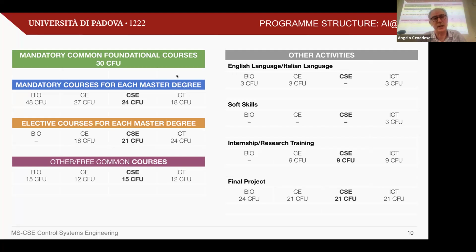So in a sense, the artificial intelligence curriculum has 2 sets of mandatory courses. The mandatory courses for control, where you have a specific class of automation engineers, and then a set of courses for the AI path where you have mixed courses with all our colleagues from telecommunication, bioengineering, and computer engineering.